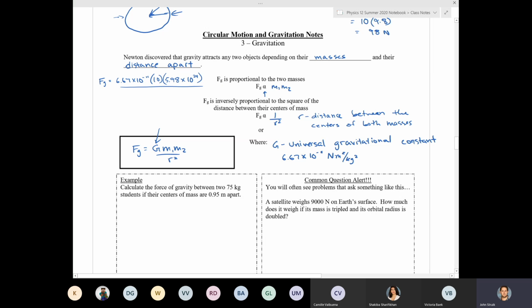And then divided by the radius. The average radius of the Earth is 6.38 times 10 to the, oh crap, 6. Let me check the formula sheet for a sec. It's been a while since I've done this unit.